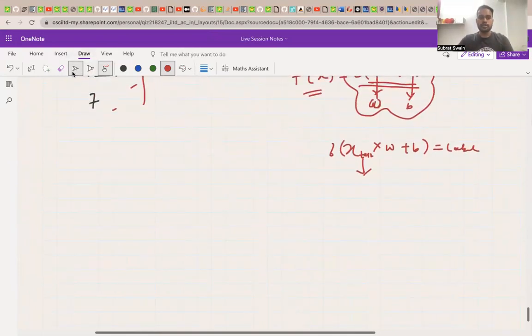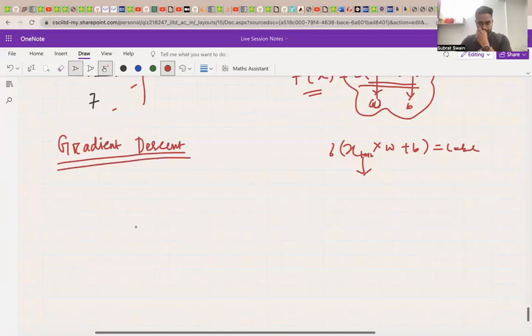So how do we learn these weights? I'll come to something called gradient descent. But before coming to gradient descent, let me tell you about types of classification.